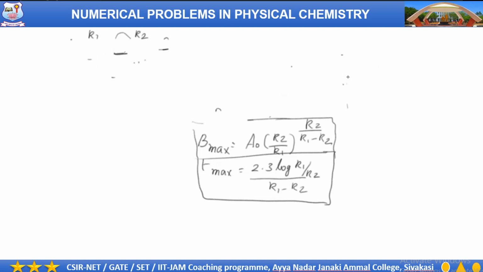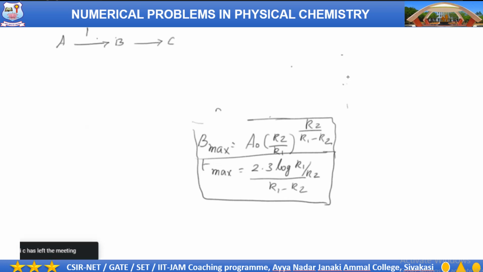Take down the unimolecular reaction: A giving B, giving C. This is Ka, this is Kb.